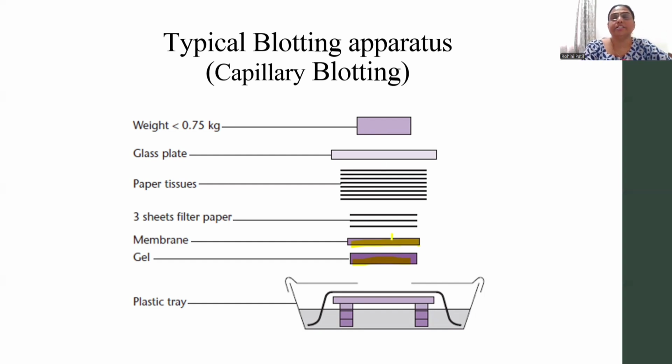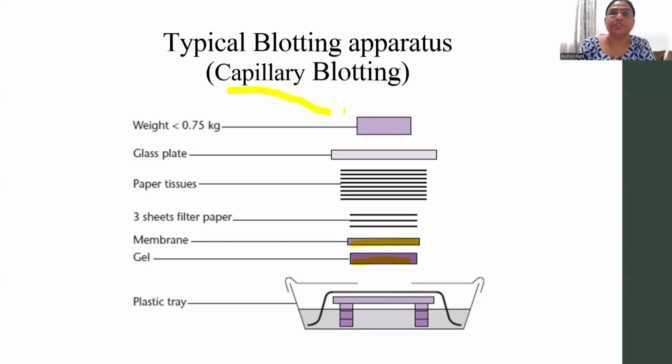Now this is going to be placed over the tray, and the wicks are added, and through these wicks the buffer runs. The tray is filled with the buffer, and the wicks, that is the filter papers, are dipped in the buffer, and on that filter paper the cassette of the blotting is placed.